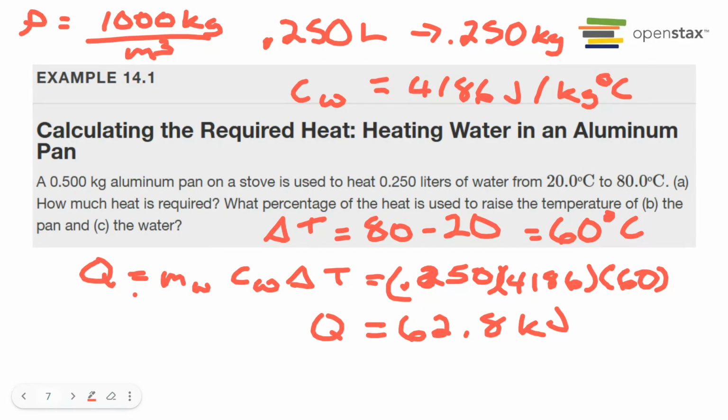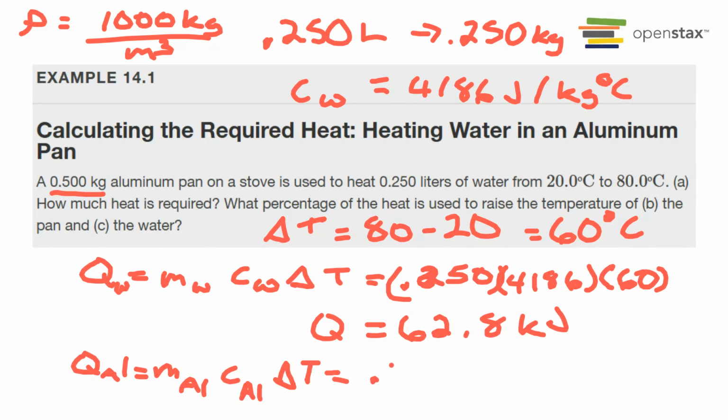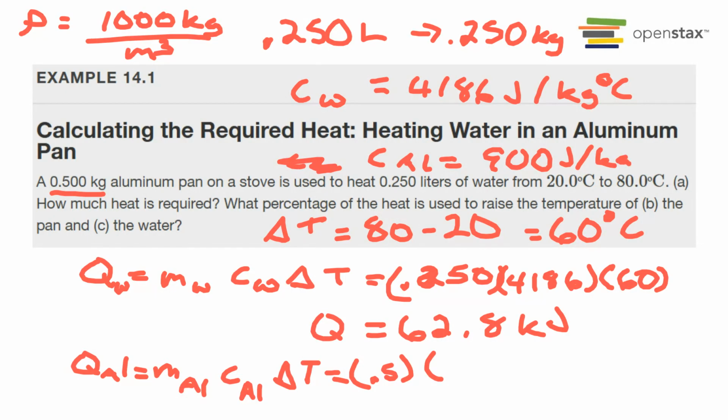Now if we do the same thing for the aluminum pan, you would say Q_Al is equal to the mass of the aluminum pan times the specific heat of the aluminum times delta T. We know that the mass of the aluminum pan is 0.5 kilograms, that's given to us, times the specific heat of aluminum, C_Al, which is actually 900 joules per kilogram per degree, if you look that up in the table, which I'm about to show you in a second.